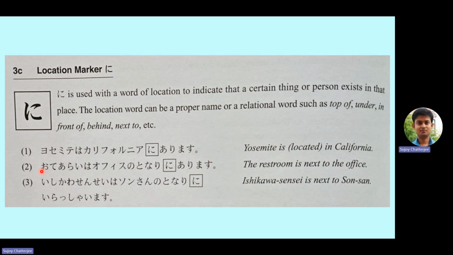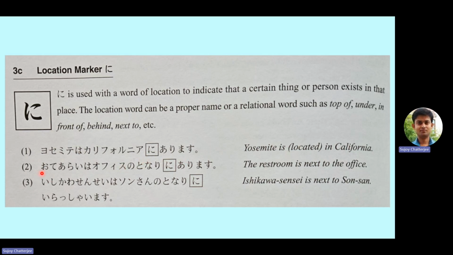So California is the location, so that will be followed by the ni particle, and then arimasu means to exist, is. This is the is. So you cannot use this here, as I mentioned earlier.